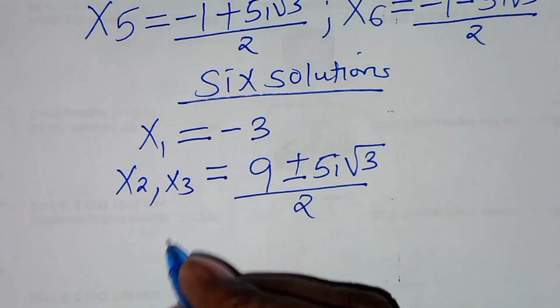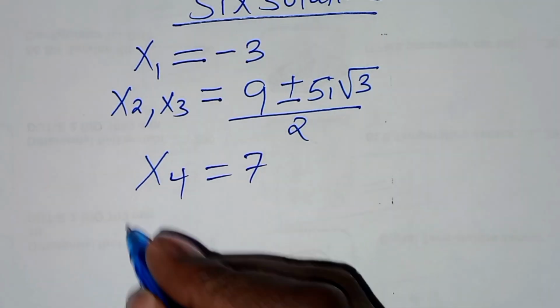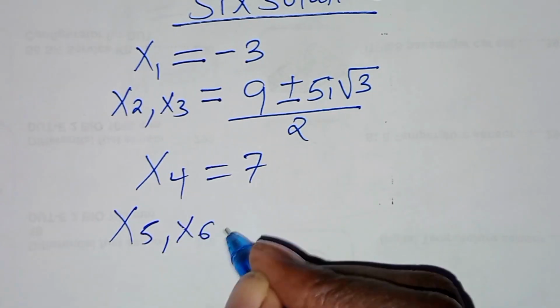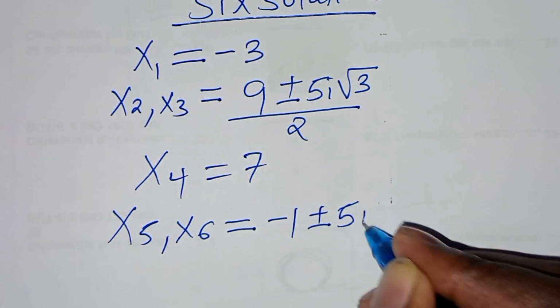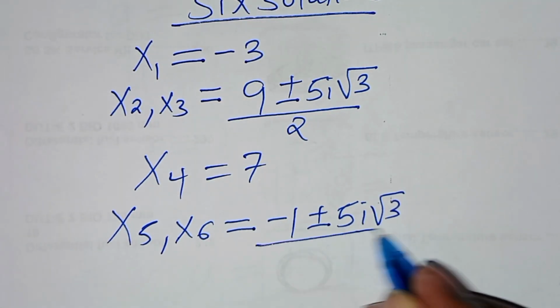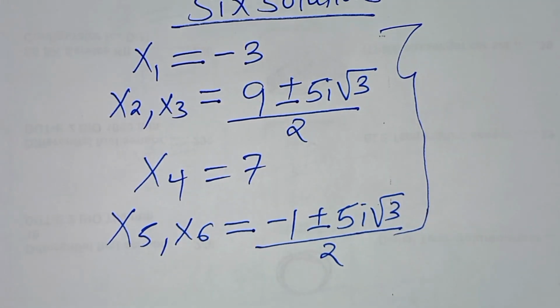And we have that x4 is equal to 7. And then we have x5, x6, equal to minus 1 plus or minus 5i square root of 3 divided by 2. So these are the 6 solutions that we have for this problem.